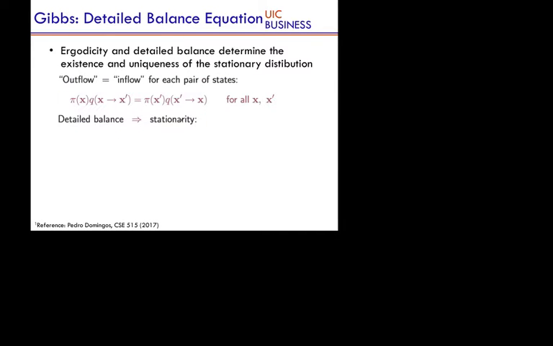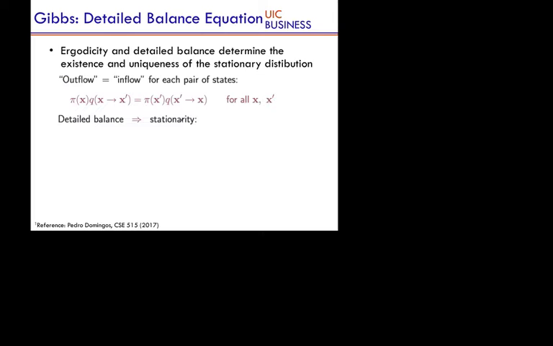So when do we have the stationary distribution? Let's assume discrete random variables with finite support, like the binary case that I've been talking about. There are a couple of conditions: one is called ergodicity, and the second is called detailed balance. These two conditions determine the existence and uniqueness of the stationary distribution.